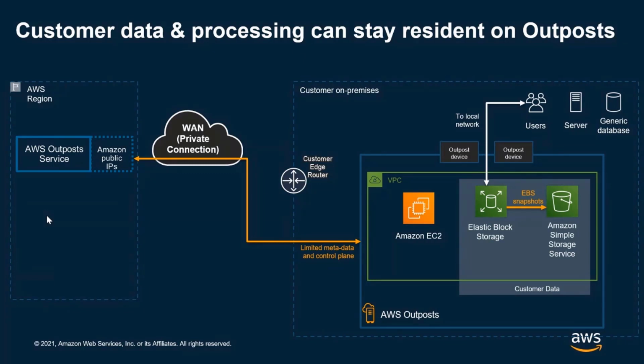But then all of your customer data and processing can stay resident on the Outpost, running on services deployed in the Outpost like EC2, stored on Elastic Block Storage and Amazon S3 on Outpost, and then connecting into your local network through switching devices on the Outpost called the local gateway that allow you to hook Outpost into your on-premises existing user compute and storage environments.